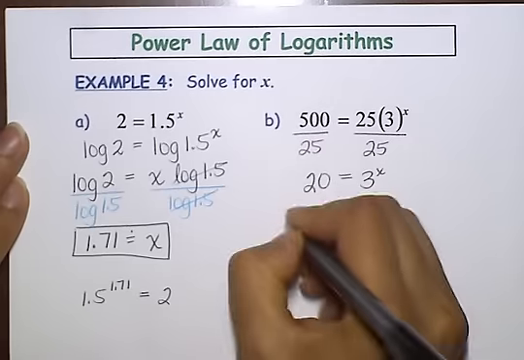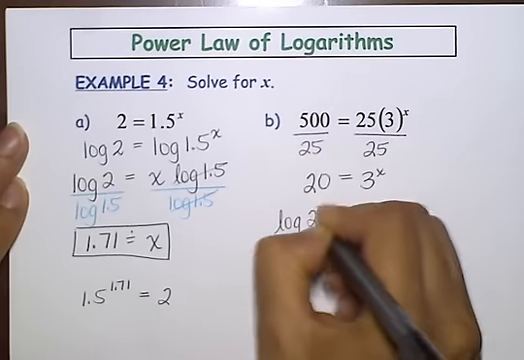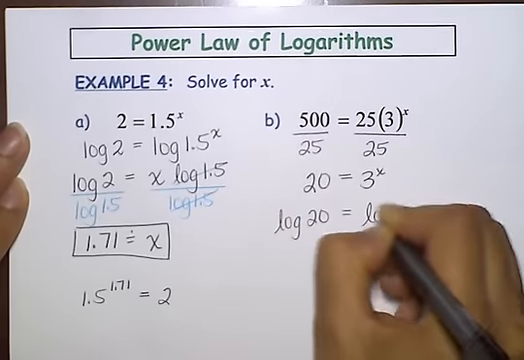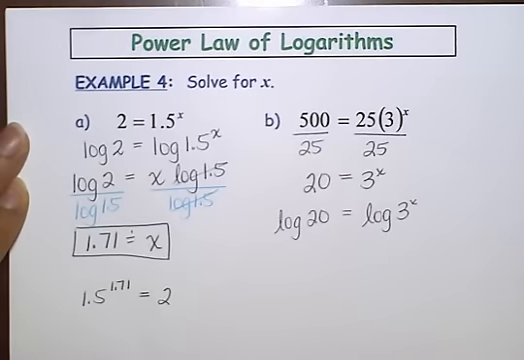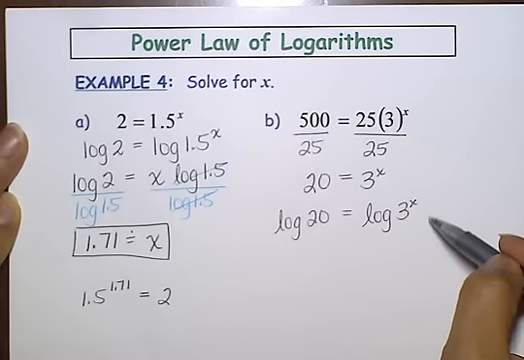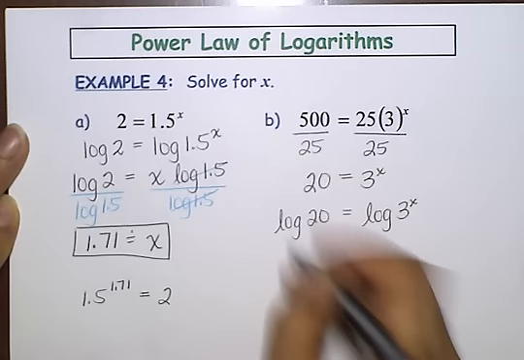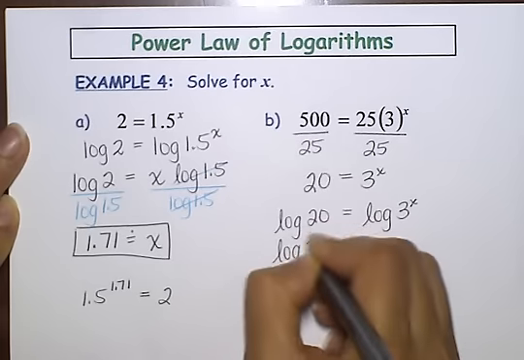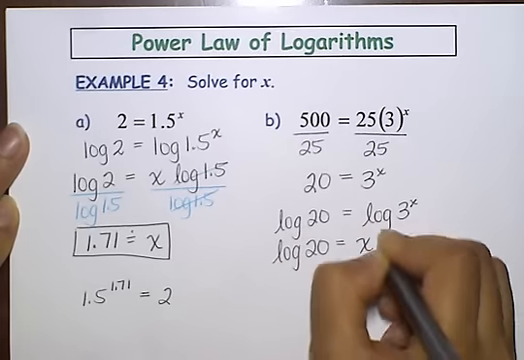I'm going to look at the log of 20 and the log of 3 to the exponent x. And again, I can use the power law of logarithms. The answer part here has an exponent, so I'm going to rewrite it as a coefficient. And I get log of 20 equals x times the log of 3.